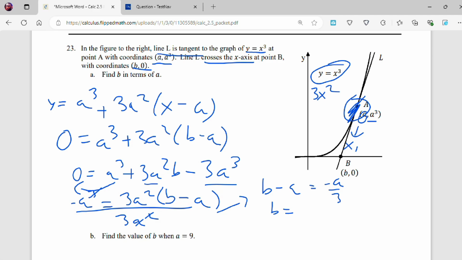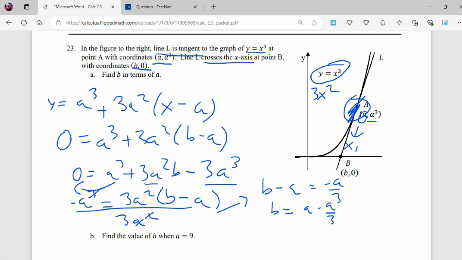B equals a minus a over 3. I hope that makes sense. I just did some rearranging to isolate b. That's just isolating variables, a skill you should have from algebra.